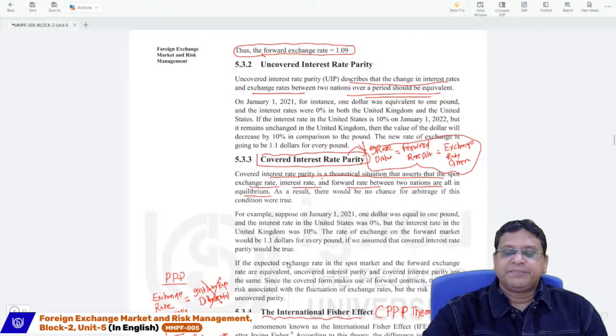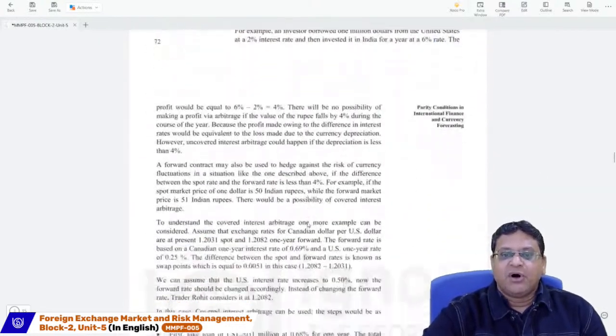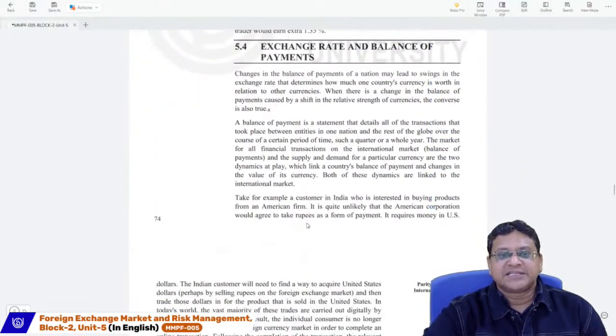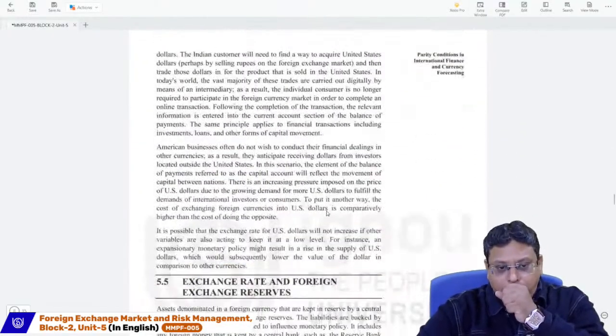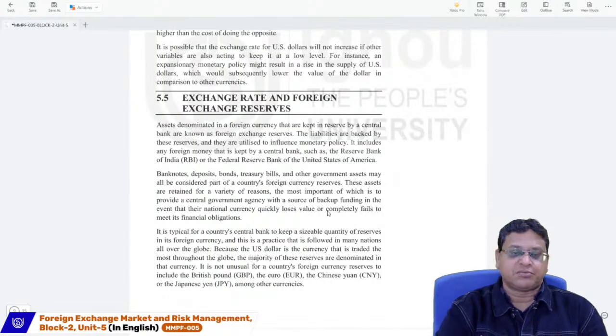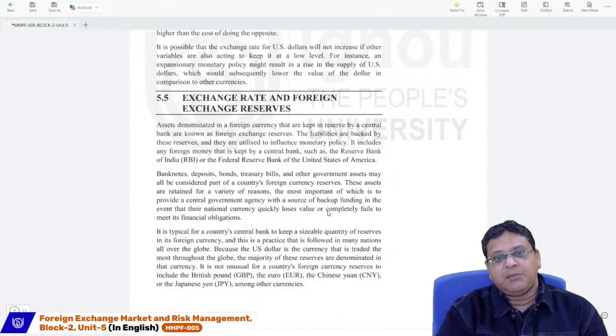Okay, so we have discussed different theories of exchange rate or parity conditions available in exchange rate. Next, we will discuss the concept of exchange rate and forex reserve. We know that every country has to maintain a certain amount of forex reserve. China is the country having the highest amount of forex reserve in its kitty.